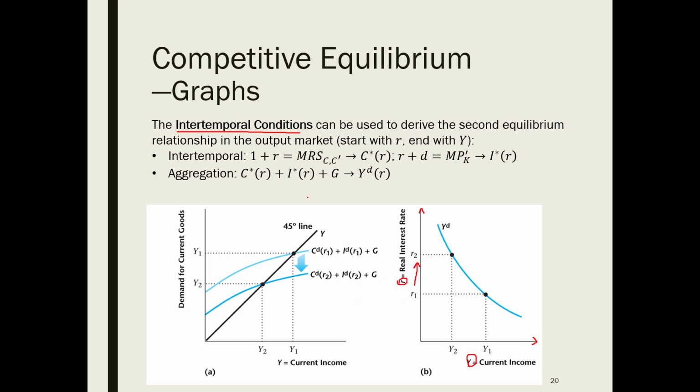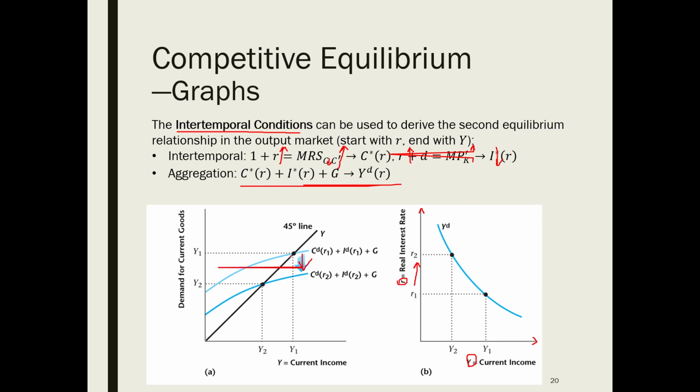Based on the intertemporal conditions of the consumer and the firm, a rise in R results in a drop in consumption C and a drop in investment I. You can apply the three-step approach to see why C and I drop here. The aggregate demand is equal to C plus I plus G, so the aggregate demand shifts down as R rises.